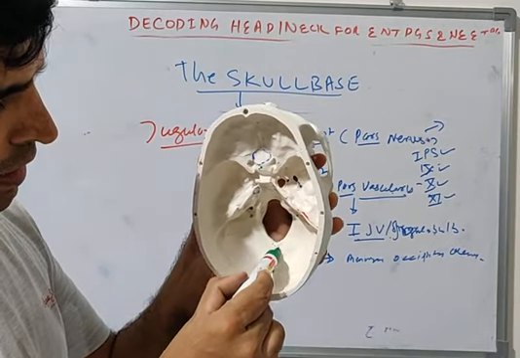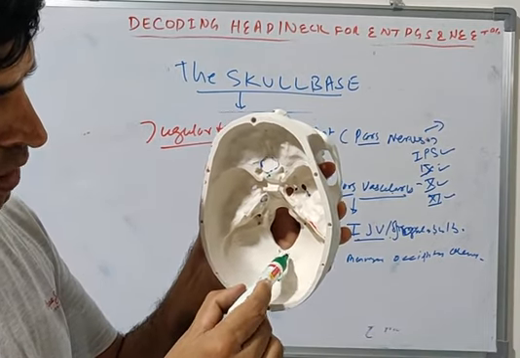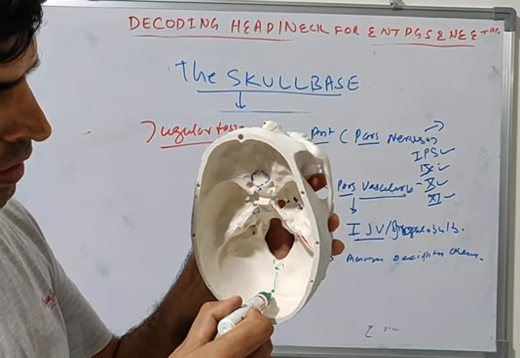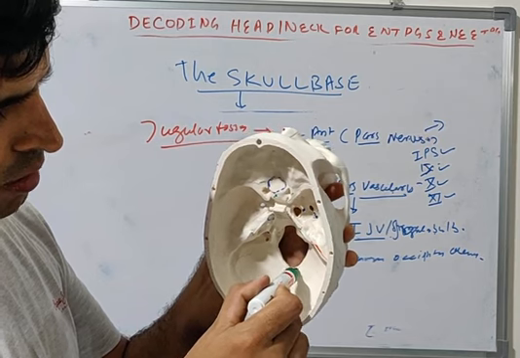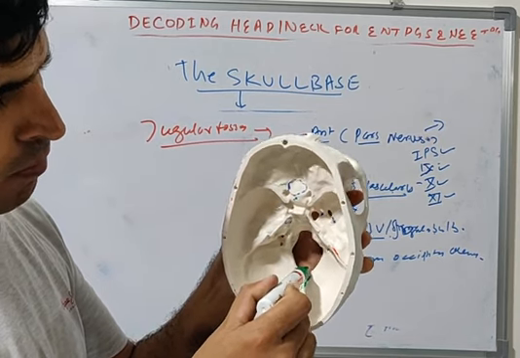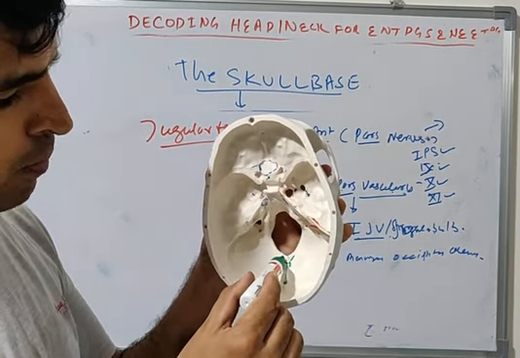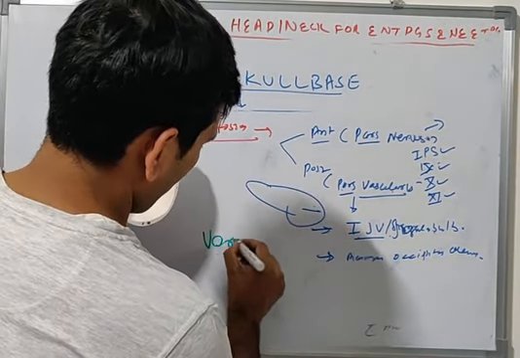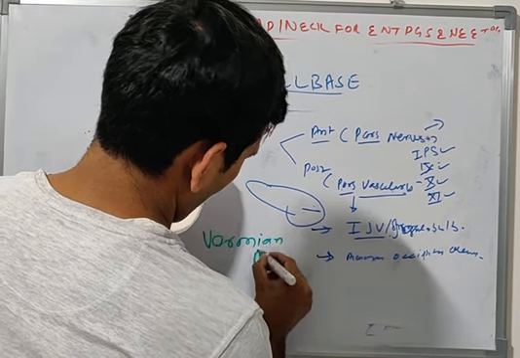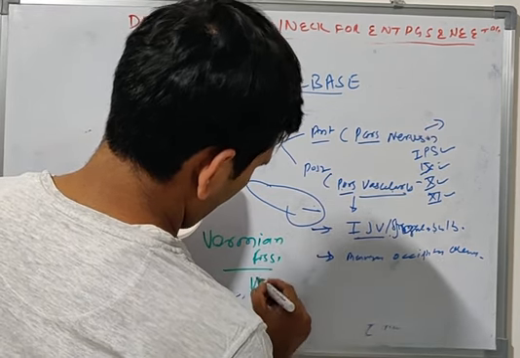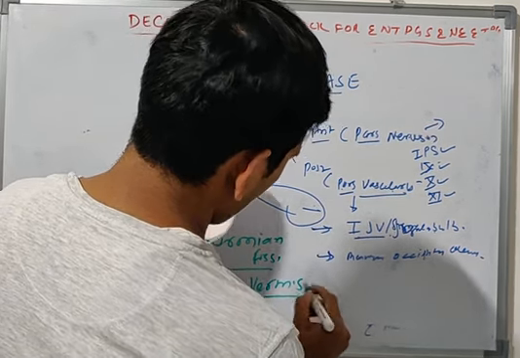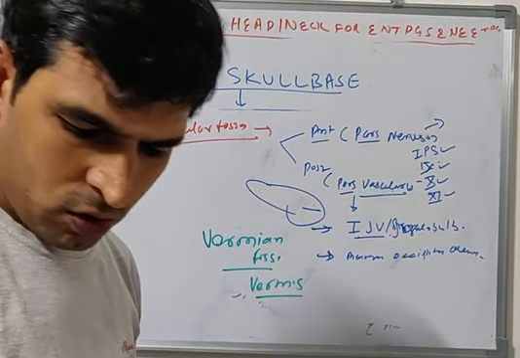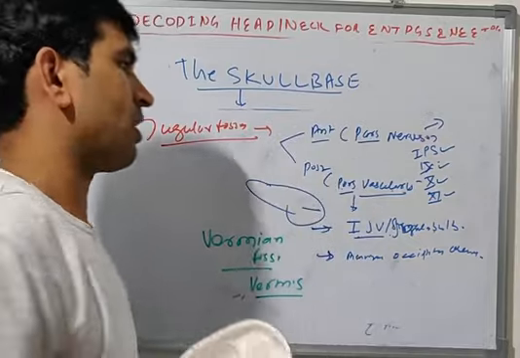The internal occipital crest divides again just above the foramen magnum, forming one triangular area called the vermian fossa, where the vermis of the cerebellum is situated. Okay, this is all about the endocranial skull base.